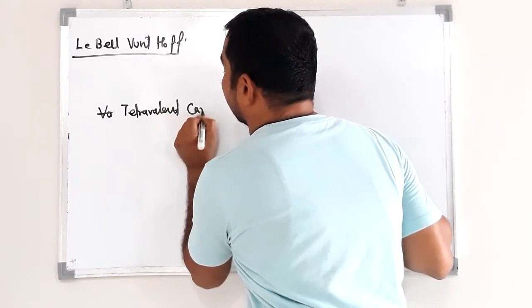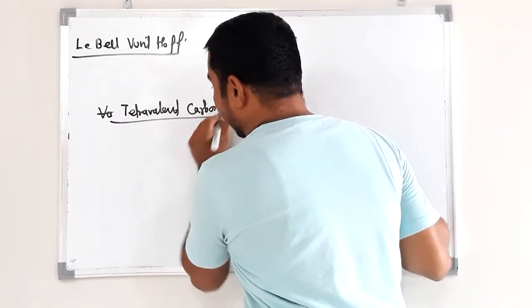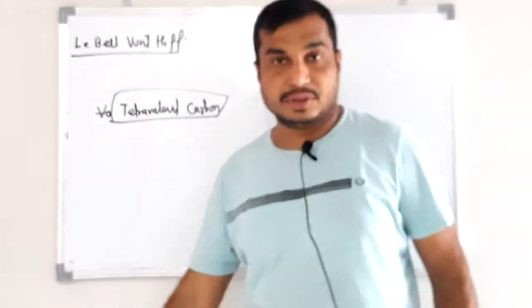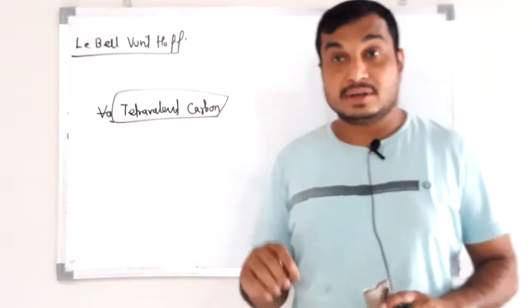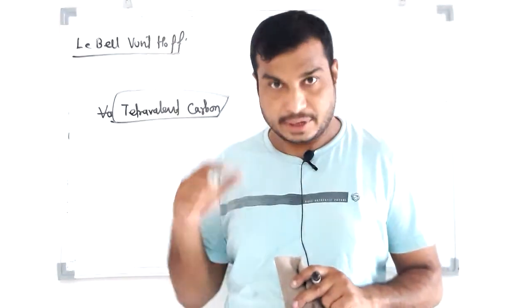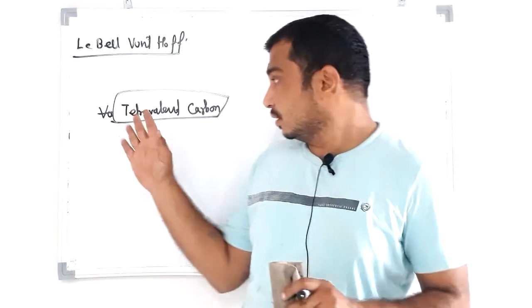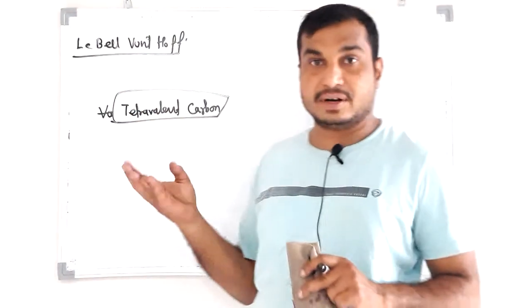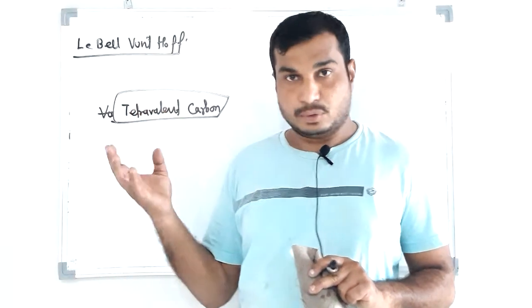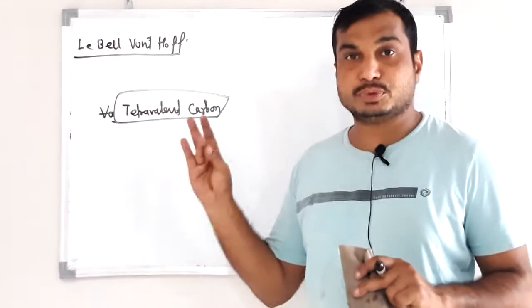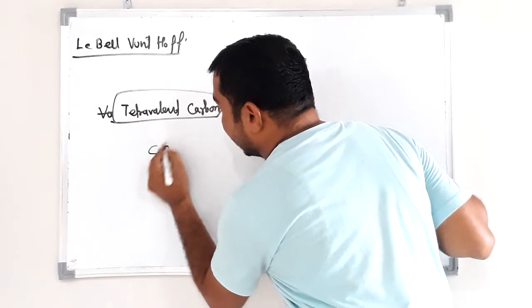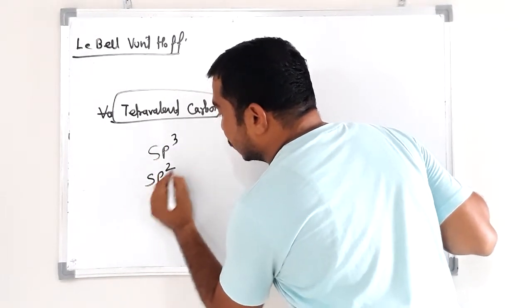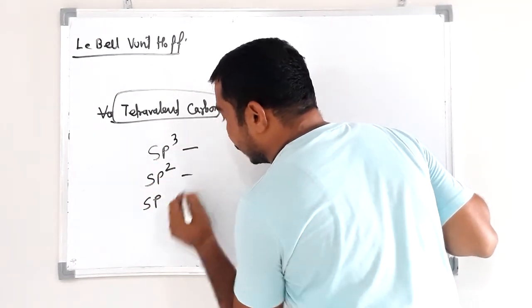Tetravalent carbon means carbon having valency 4, or this carbon is in sp3 hybridized state. As we already learned different hybridizations, we know sp3, sp2 and sp.